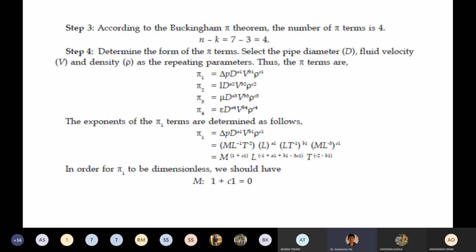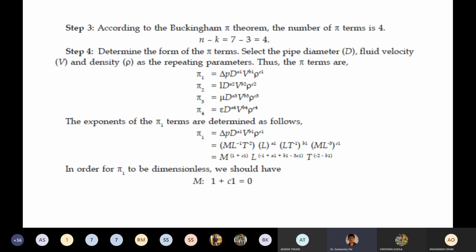Their exponents in the pi terms, suppose, are represented with certain variables a1, b1, c1. Later on we have to find these values a1, b1, c1, a2, b2, c2, which are the powers of the repeating variables: pipe diameter, velocity and density rho.